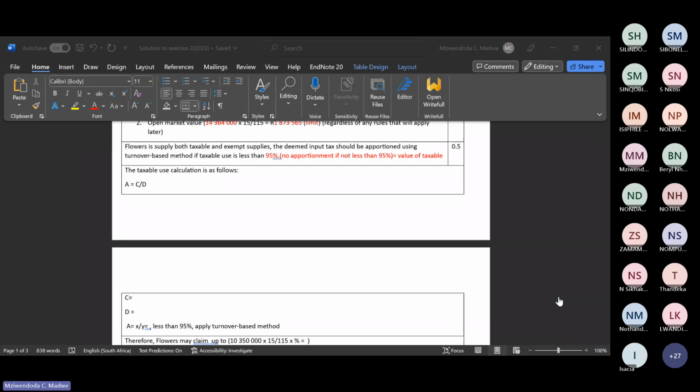There is a formula which we normally use here. The formula is Y is equal to A divided by D. A is equal to exempt supply.